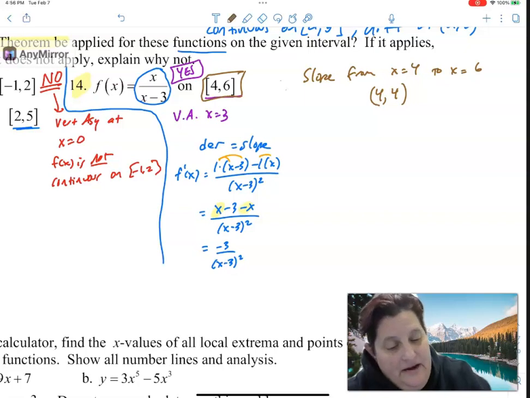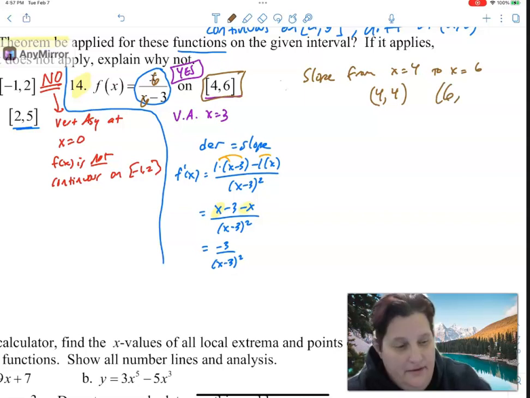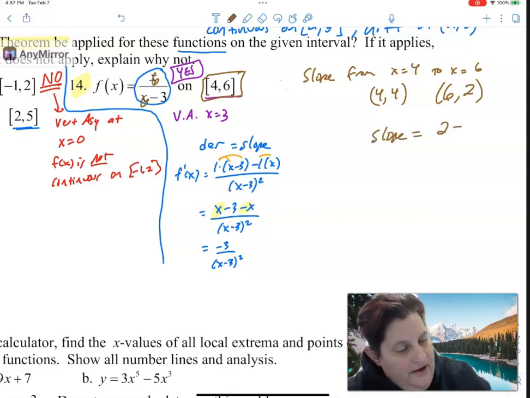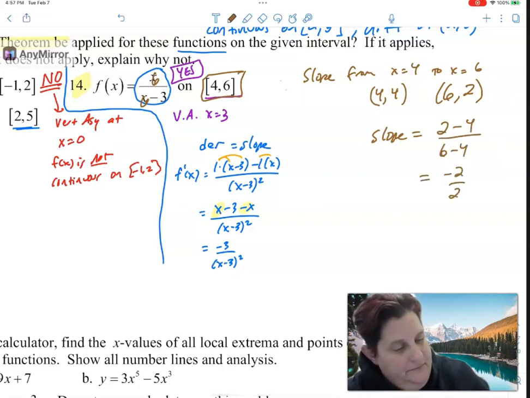If I plug in a 6, the y coordinate is going to be 6 over 3, which is 2. And so then my slope will be y2 minus y1 over x2 minus x1, which is negative 2 over 2, which is negative 1.